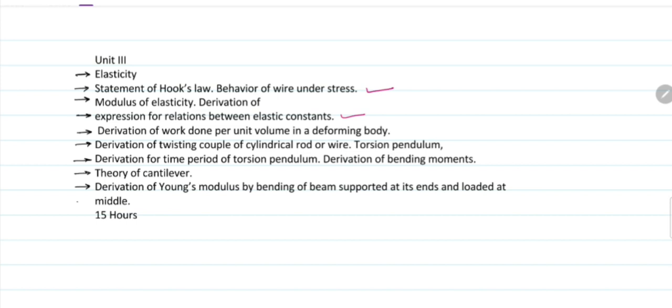Next, the derivation of work done per unit volume in deforming a body, derivation of the twisting couple of a cylindrical rod or wire, and the torsional pendulum we are going to see in this chapter, and also the derivation for the time period of the torsional pendulum, derivation of bending moments, and the very important cantilever, and the derivation of Young's modulus by a beam supported at its ends and loaded at the middle.